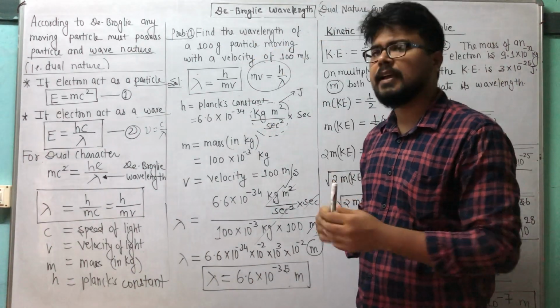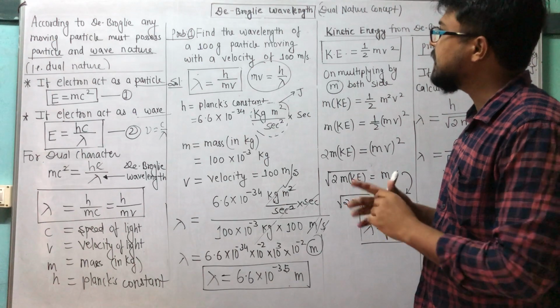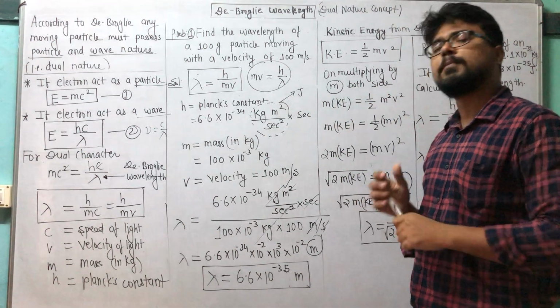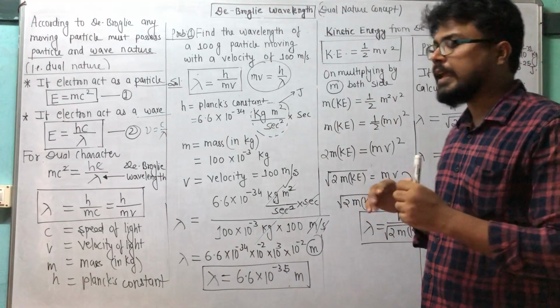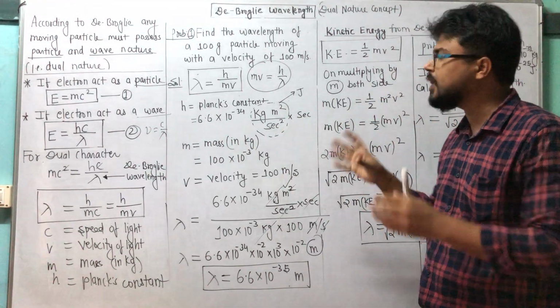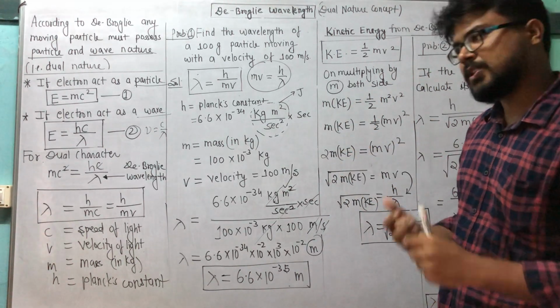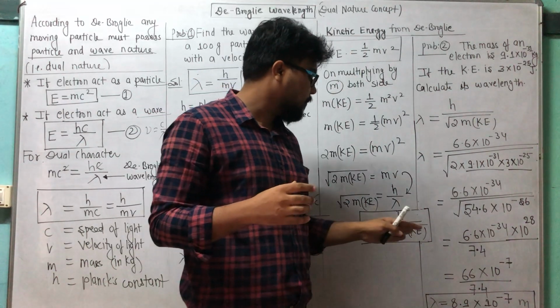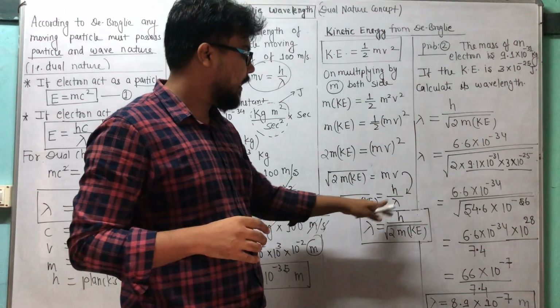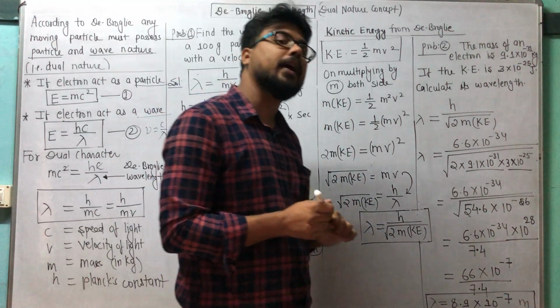So I think it's enough to understand how we can solve the concept of De-Broglie, how we can solve the numericals based on De-Broglie, and when kinetic energy is involved, how we can manage the question using the formula lambda equal to h upon under root 2 mKE.